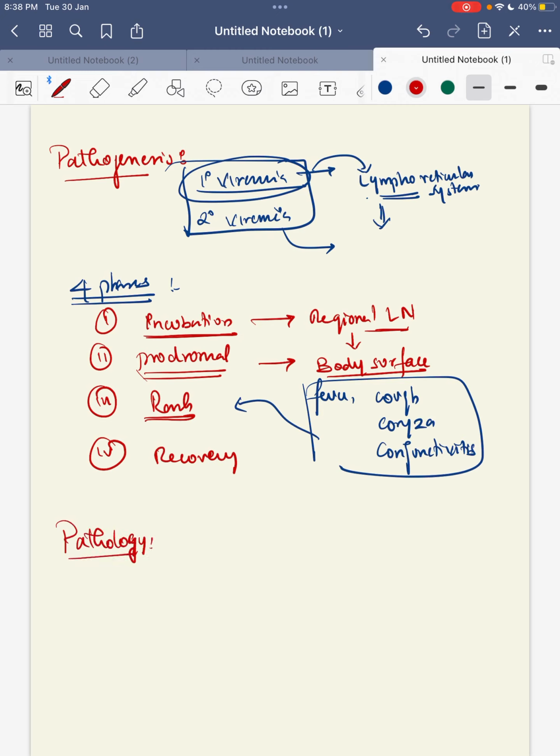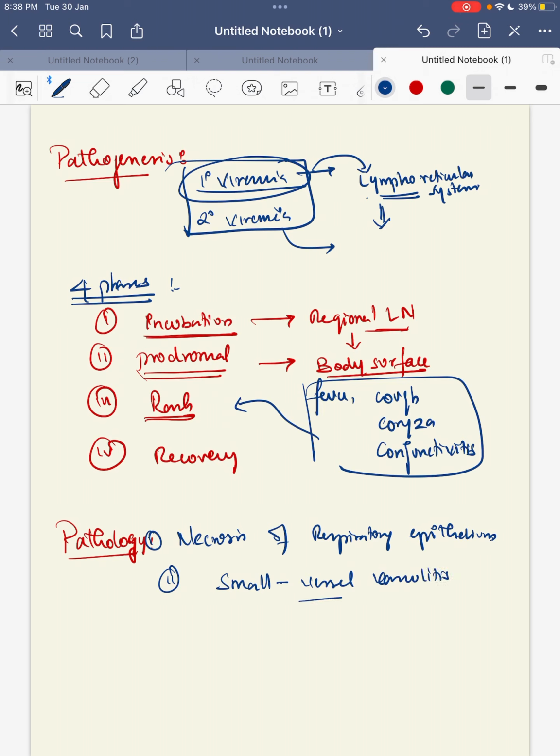Next, for pathology, what do you see on the histological slide? The measles virus causes infection and necrosis of the respiratory epithelium, and it also causes lymphocytic infiltrate, which is usual in all diseases. It can also produce small vessel vasculitis on the skin and the oral mucosa.